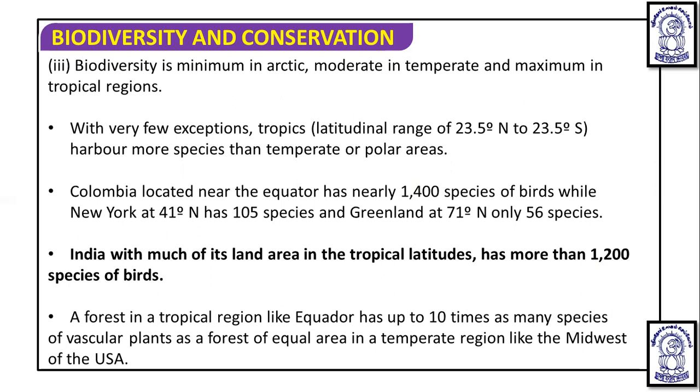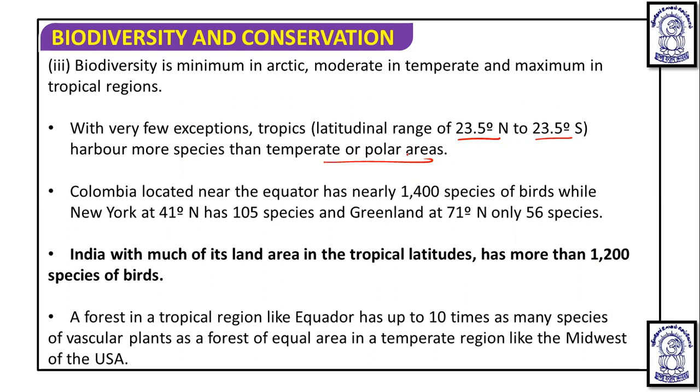Now, with very few exceptions, the tropics, which lie between 23.5 degrees north and 23.5 degrees south latitude, harbor more species than the temperate or polar regions.